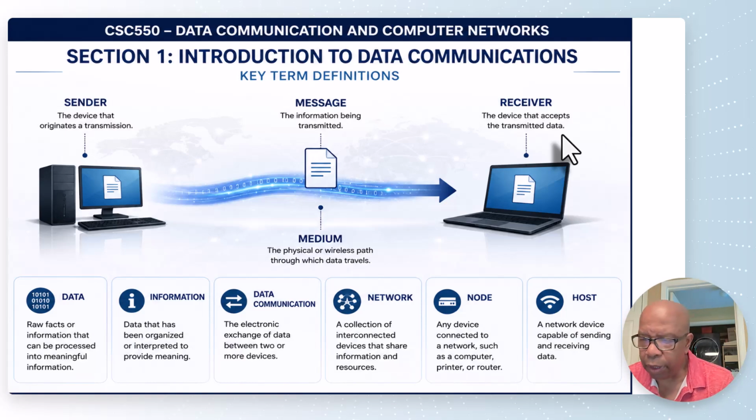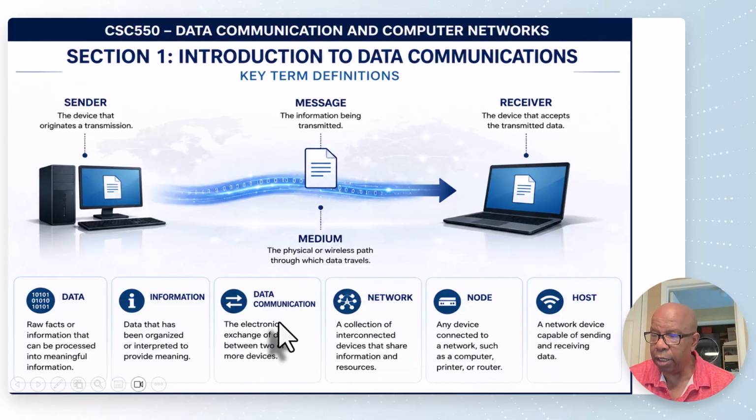Looking at some other key definitions: data, which is basically the bits of 1s and 0s, not really any formatted type of data, raw facts or information that can be processed into meaningful information. Information is data that has been organized or interpreted to provide meaning. Data communications is the electronic exchange of data between two or more devices.